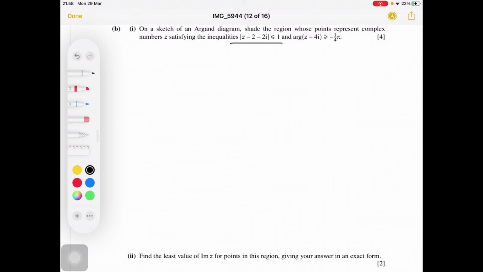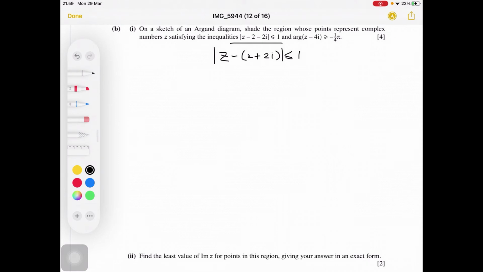This one we can write as the magnitude of z minus (2 plus 2i) less than or equal to 1.